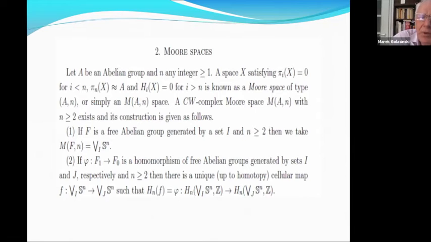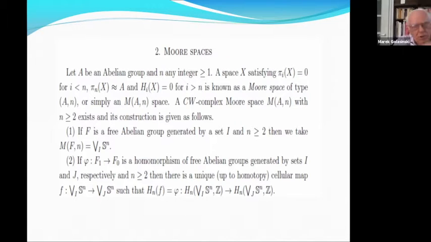As a CW complex, a Moore space with n greater than or equal to 2 exists, and its construction is given as follows. First, we construct the space for a free abelian group. If F is a free abelian group and n is greater than or equal to 2, then the Moore space of such a group is defined as the wedge of spheres, where the number of spheres is equal to the set of free generators.